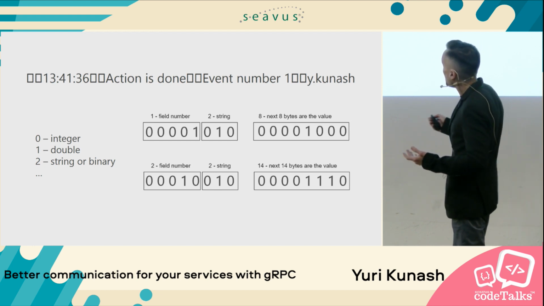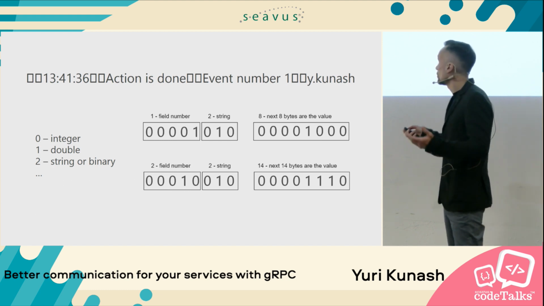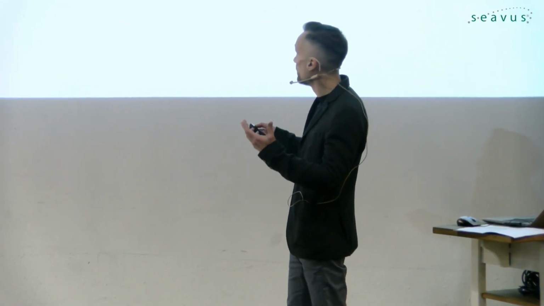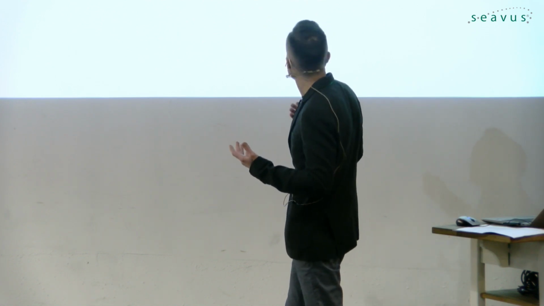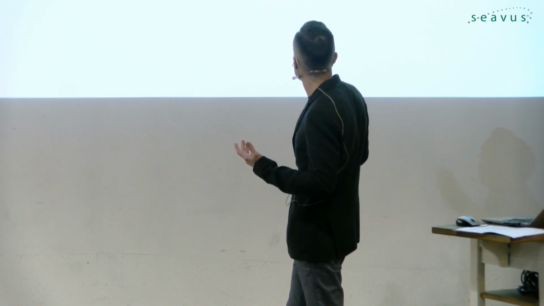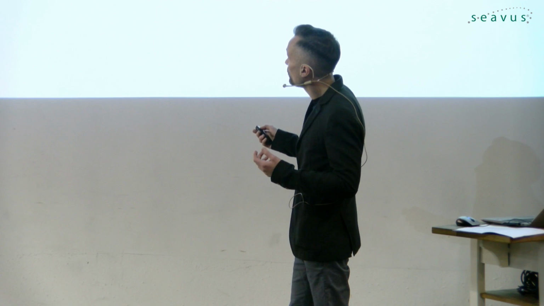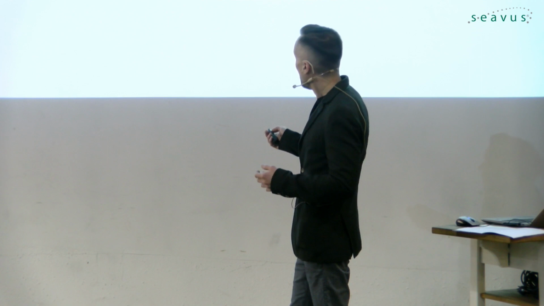Next, the second byte. Since our value is 8 symbols long, and each symbol is a single byte, the length of the value is 8 bytes. So in this second byte we have the number 8 encoded, which means the parser will read the next 8 bytes of the message as the actual value.